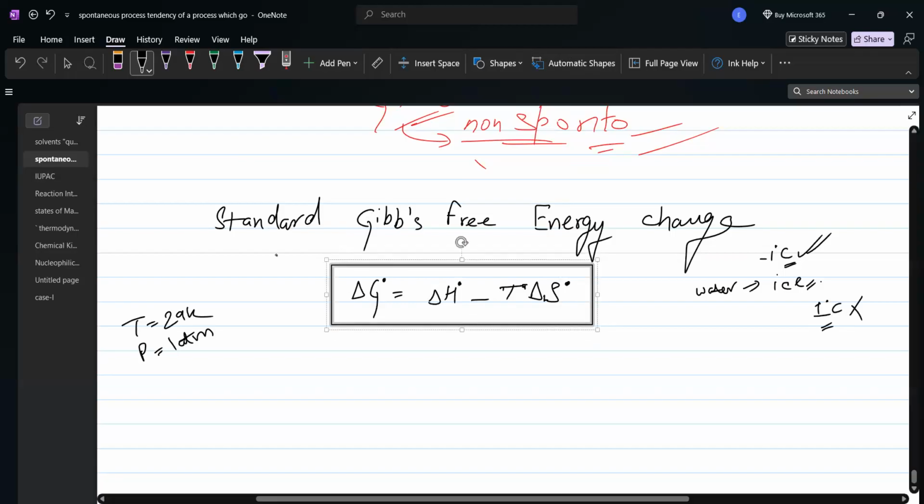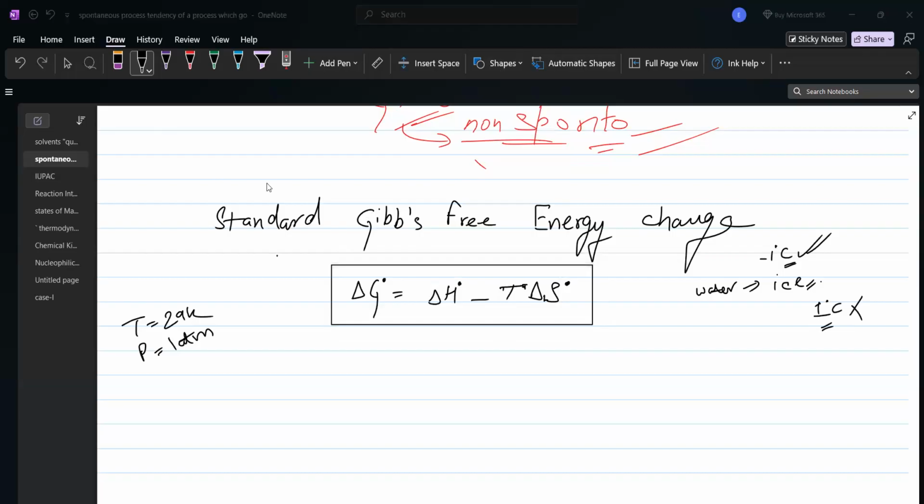What you have to understand is that at a particular temperature and at a particular pressure, we are getting delta G, delta H, and delta S. If you do this experiment anywhere in any part of the world, the result will be the same. Got my point?